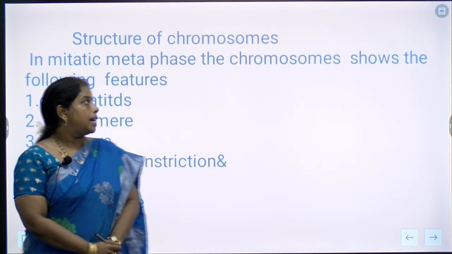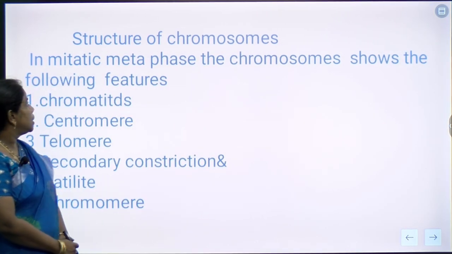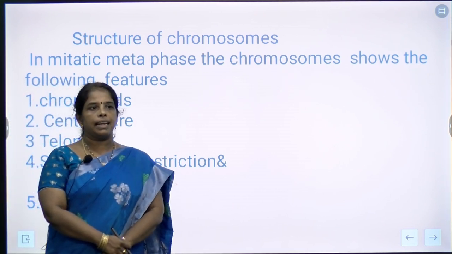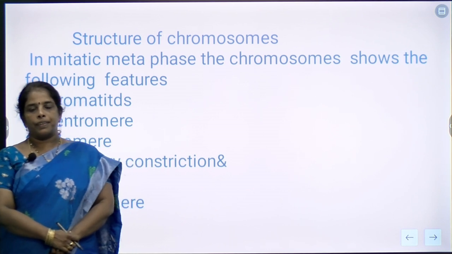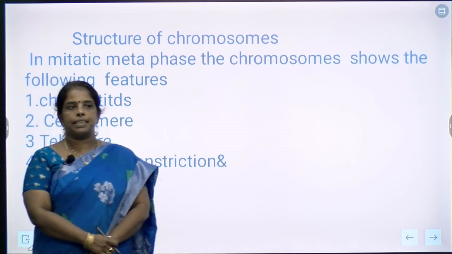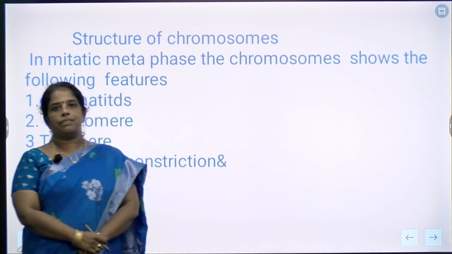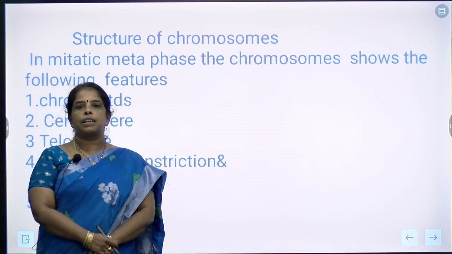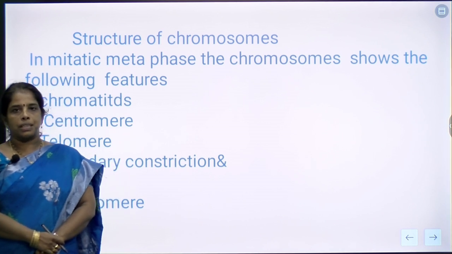Now, we will see the structure of chromosomes. Generally, chromosomes appear as chromatin thread-like structures during the interphase, resting phase and in permanent cells. But the meiotic divisions and the late prophase stages are the suitable stages for observing the chromosome structures.